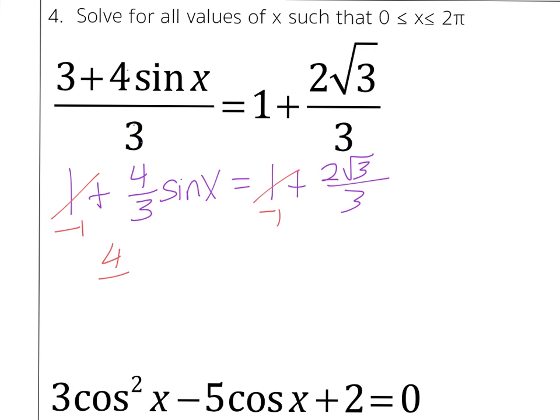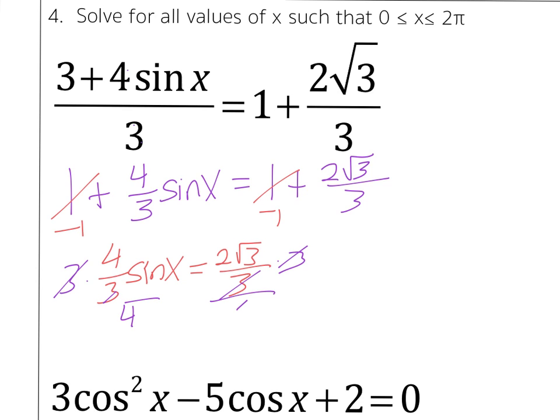I'm left with 4/3 sine x is equal to 2 root 3 over 3. I can multiply both sides by 3. Cancel, cancel, cancel, cancel. And then divide both sides by 4. And I get sine x is equal to 2 root 3 over 4. 2/4 cancels out into a half, and that gives me root 3 over 2.